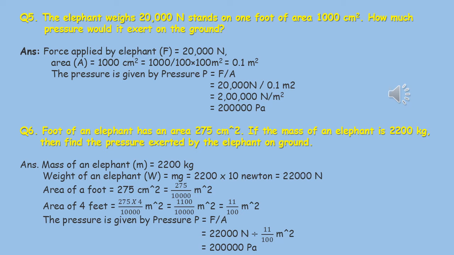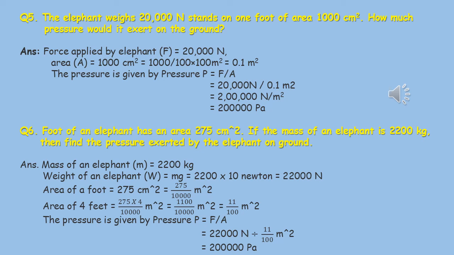They have provided you with the mass of the elephant, that is 2200 kg. So we have to convert it into weight. You know that weight is equal to m into g, mass into acceleration due to gravity. So 2200 into 10 meter per second square, we are getting 22,000 Newton. That is the thrust on the ground.